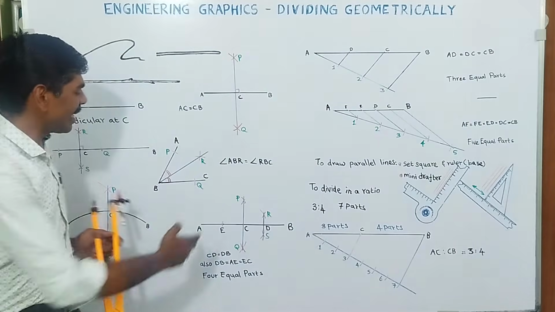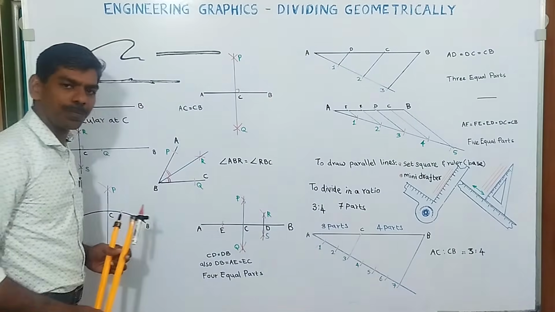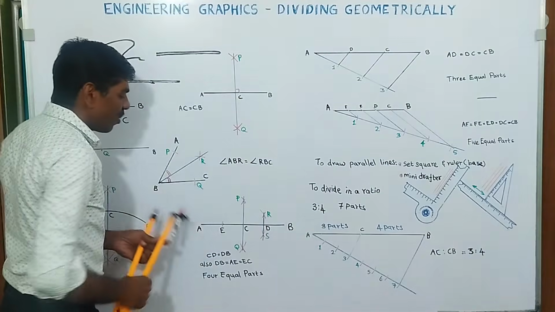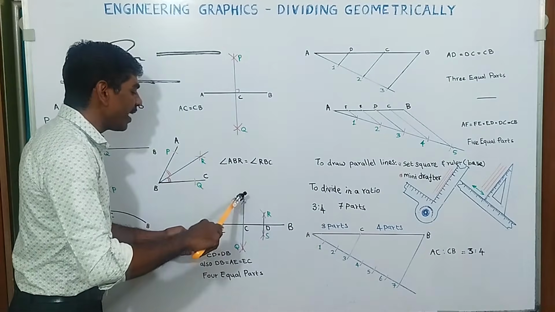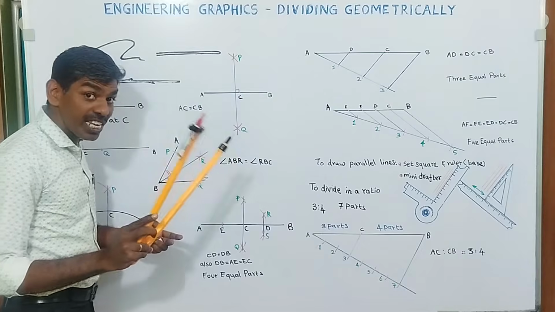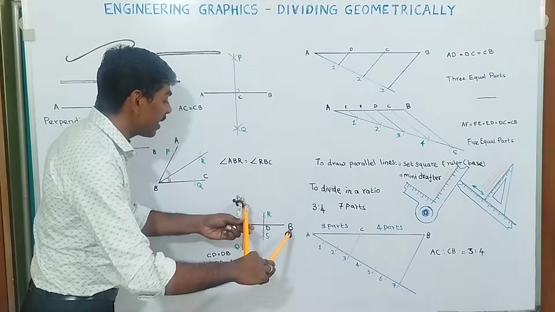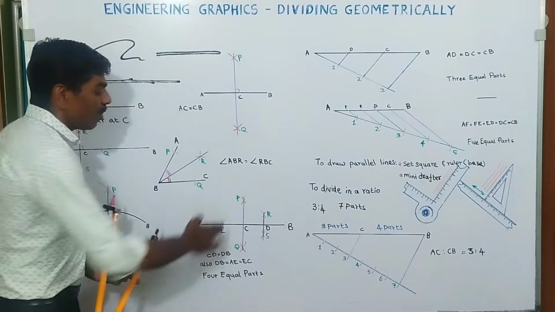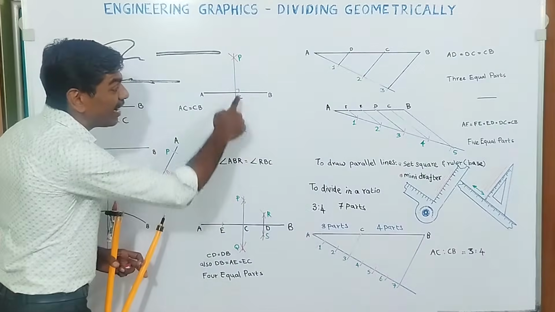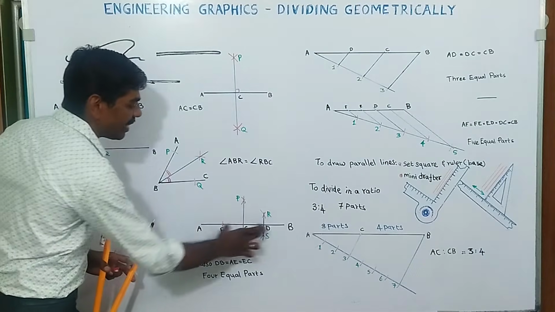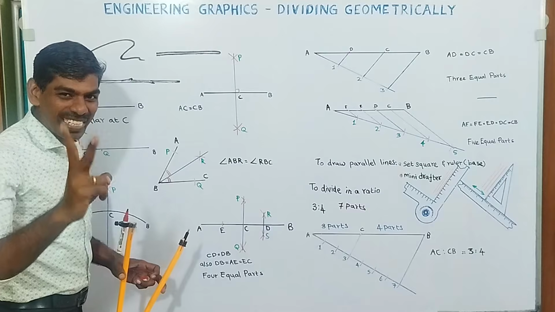How do we do it? Considering a line AB, just like this, we take more than half, making an arc above and below, and without changing the radius, with B as center, cut the arc above and below. We have got point C as we did earlier, so AC and CB are two divisions, right?